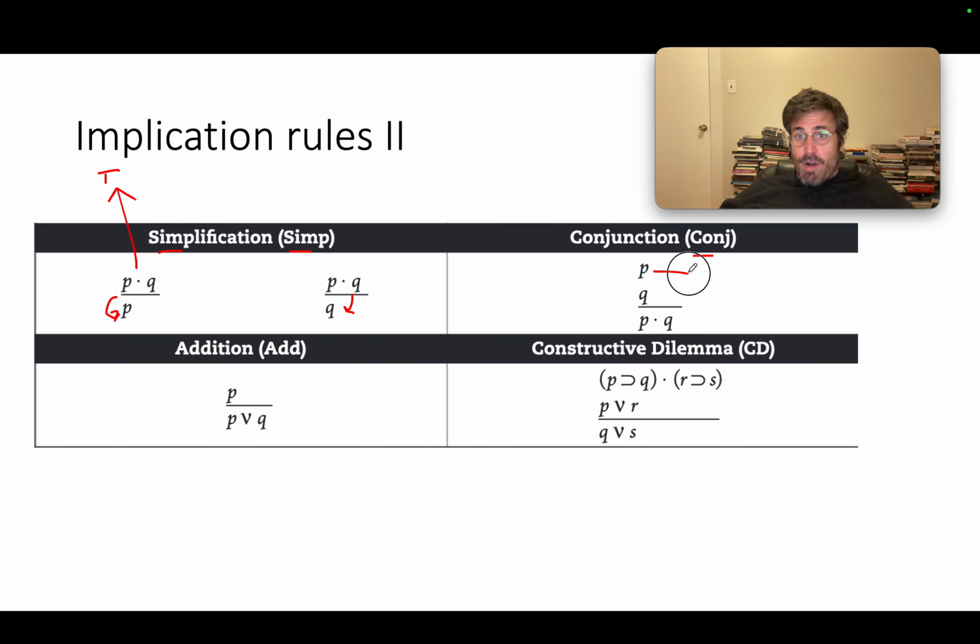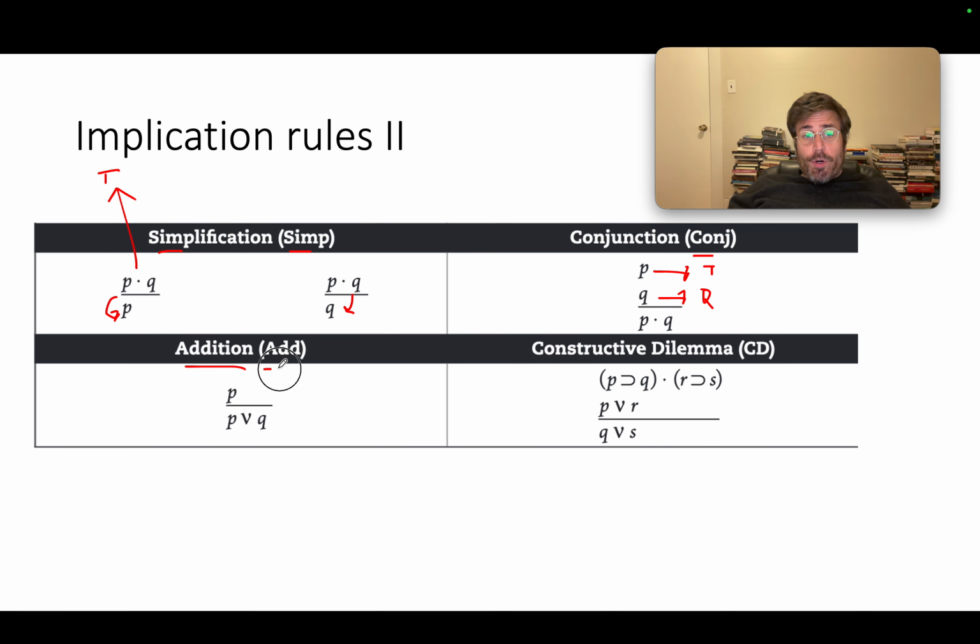Because if this premise is saying that P is true, and this premise is saying that Q is true, well, we can infer that their conjunction is true too. The dot has to be true because both of the conjuncts are true. So conjunction can be a nice way of moving from simple single variables to a more complex statement that are conjoined or brought together at the hip through the truth function of the dot.